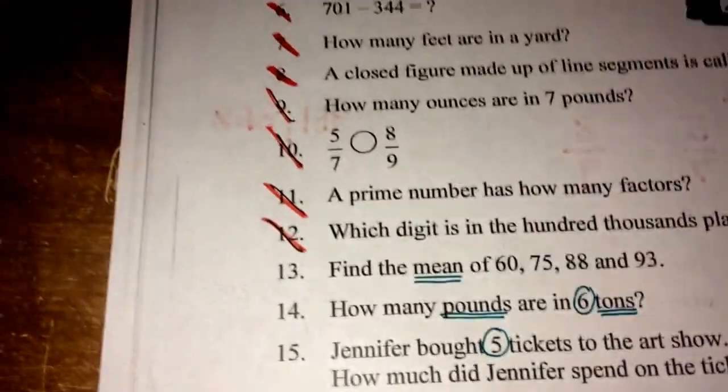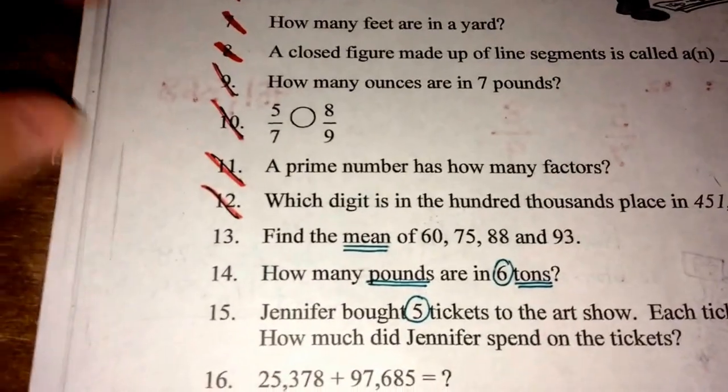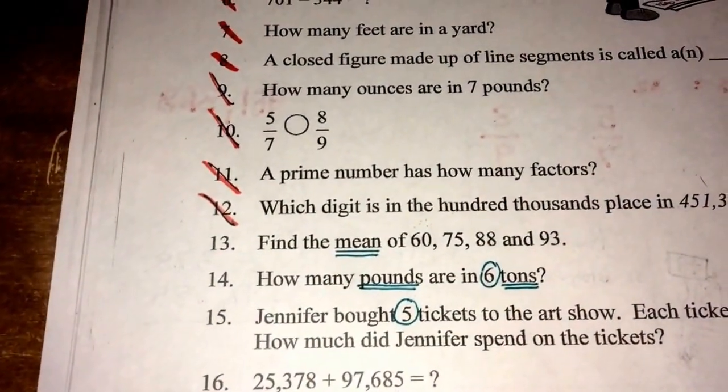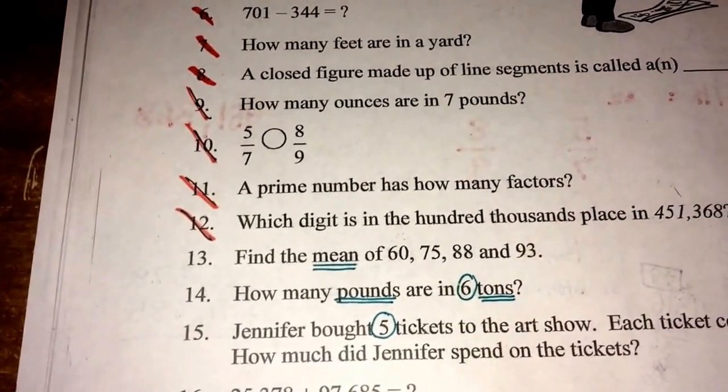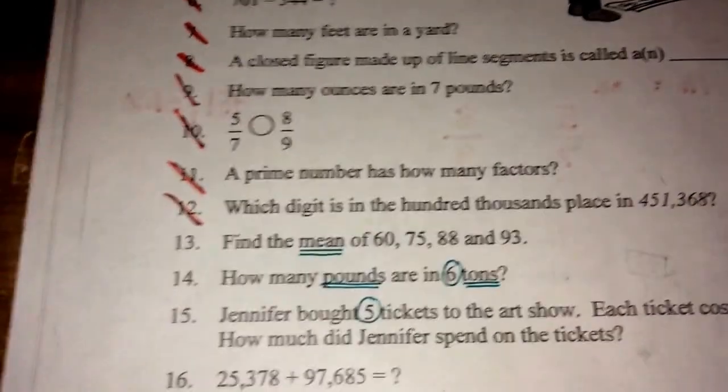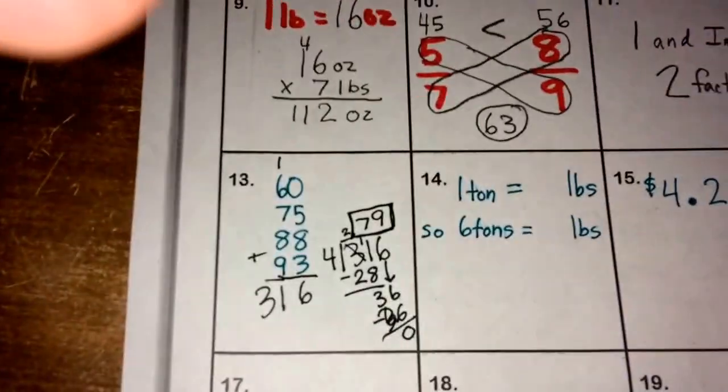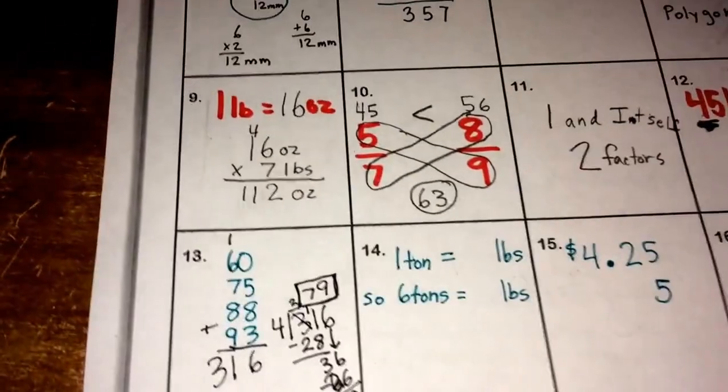All right, number 14. How many pounds are in 6 tons? Notice I underlined the words pounds and tons, and I circled the number 6. All right, so you have to know first what 1 ton equals.